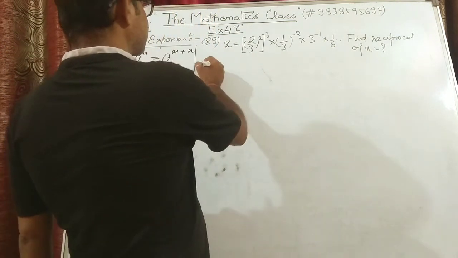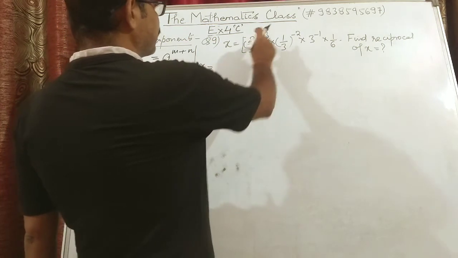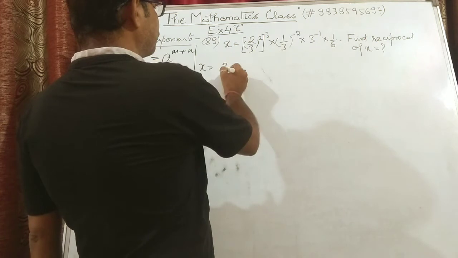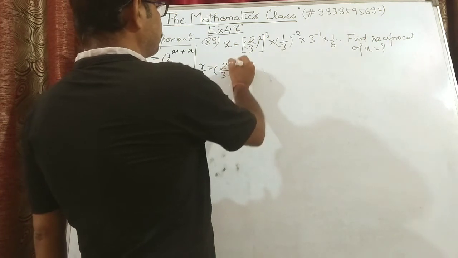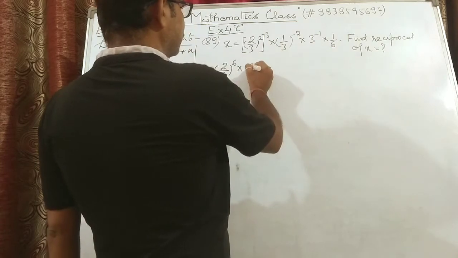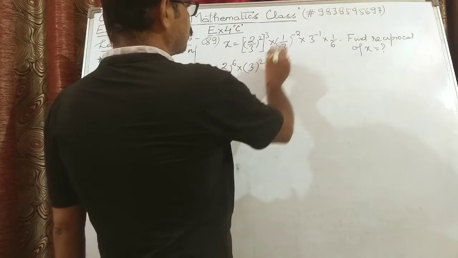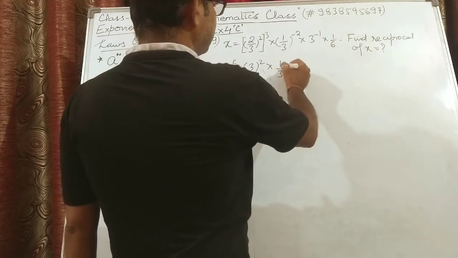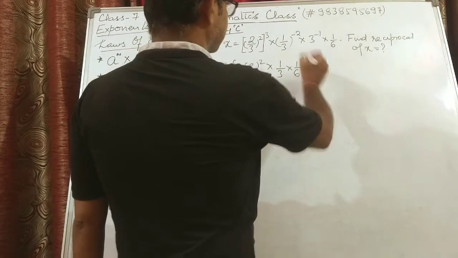So let's solve x. When power is of power, it will become 2 into 3. So we can directly write (2/3)^6 into (1/3)^-2. 2 can be written as 3 to the power 2, this will reciprocate, and 3 to the power -1 can be written as 1 upon 3, into 1 upon 6.